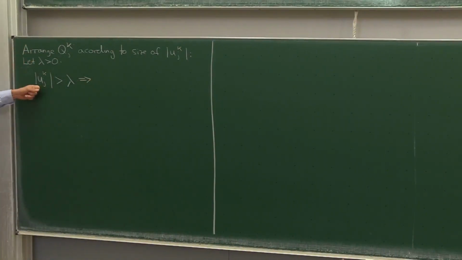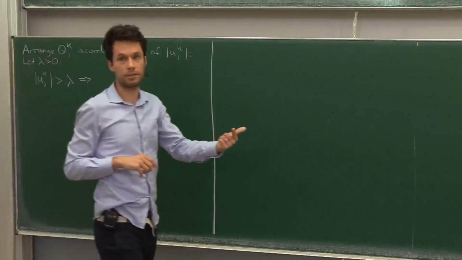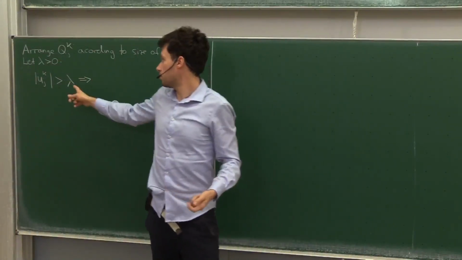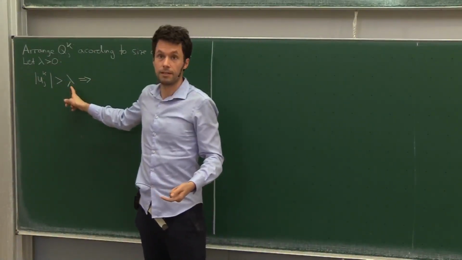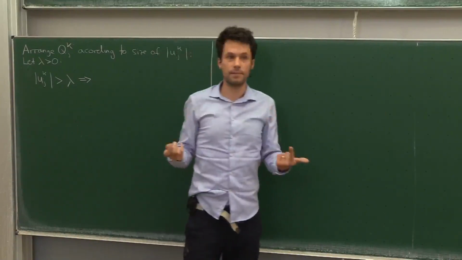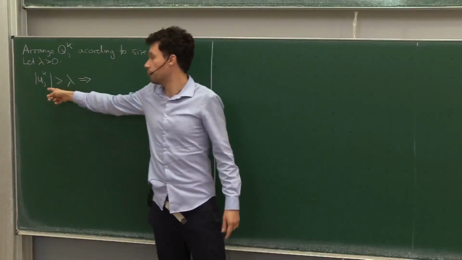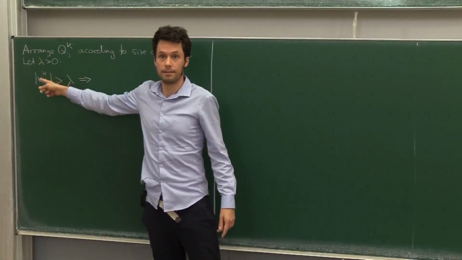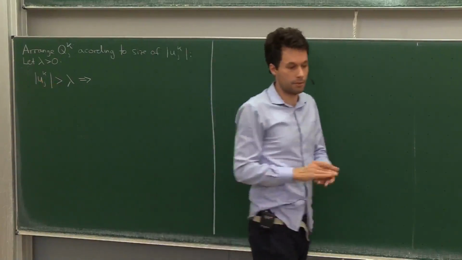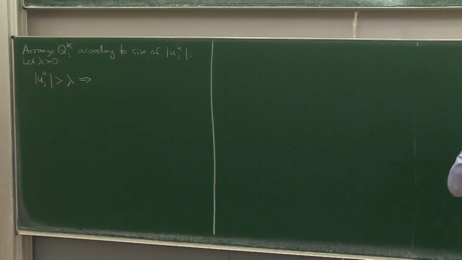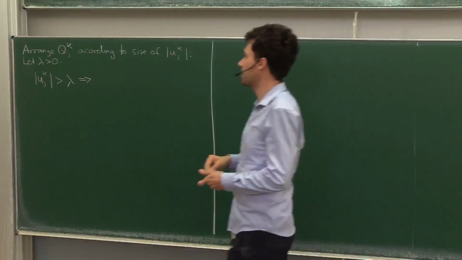Because if this is true, then the average of u on Q_jk is already larger than lambda in absolute value. So the dyadic maximal function is also larger than lambda. And actually it's larger than lambda on the entire cube Q_jk, because for every x in this cube, Q_jk appears as one of the cubes that I'm using.